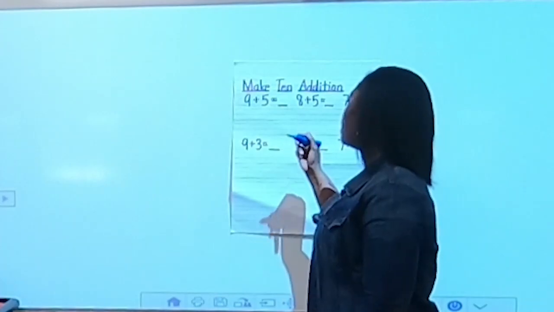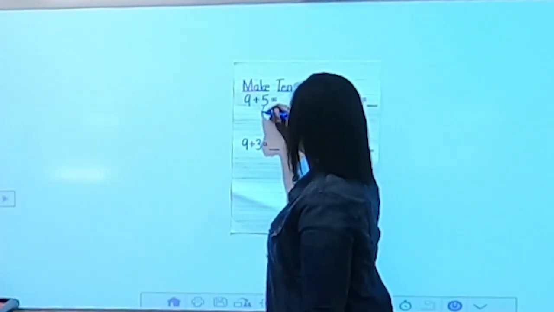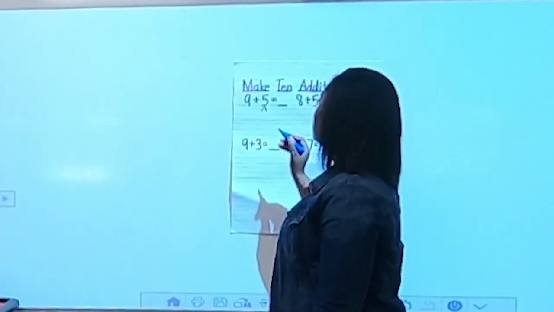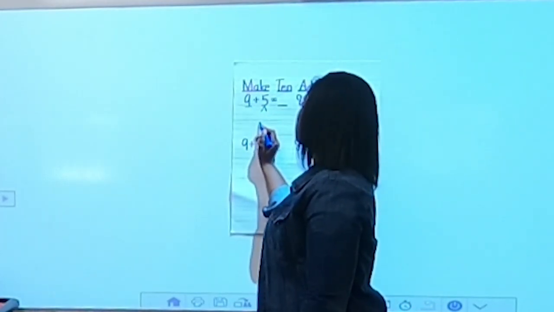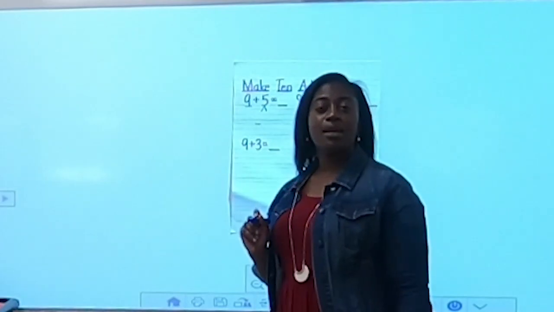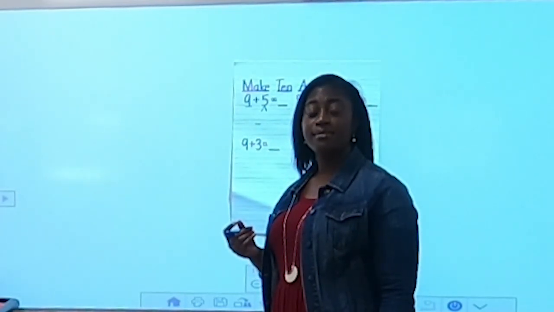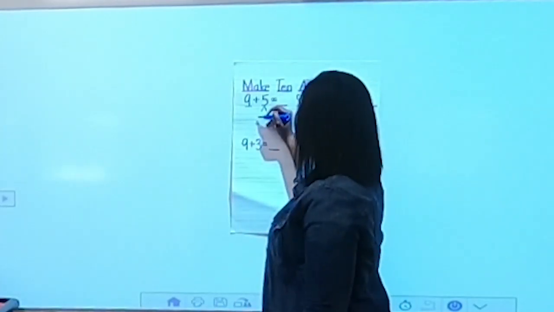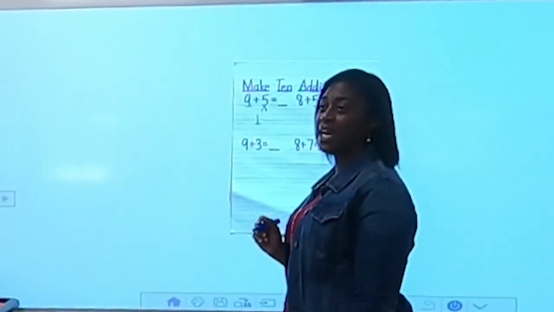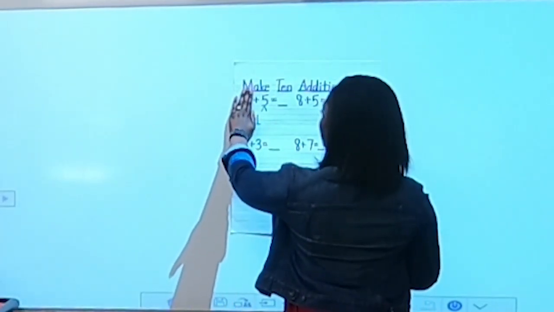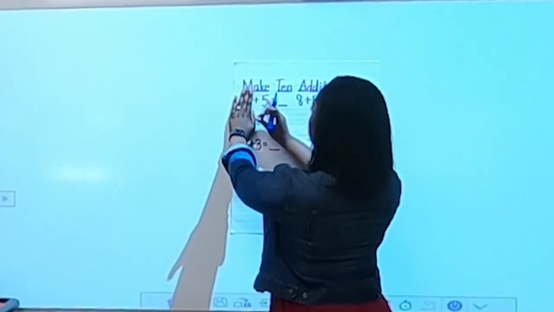When thinking of breaking apart our number, we think of that number as the whole, yet we look at the 9 and we determine 9 and what comes together to make a 10. Good job. 9 and 1 makes a 10. Now let's only focus with our 5. 1 and what makes 5?